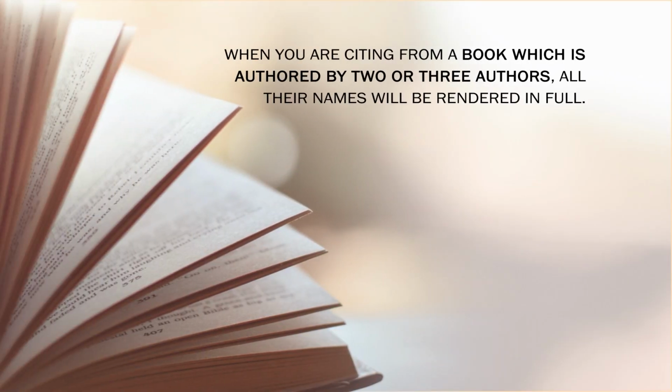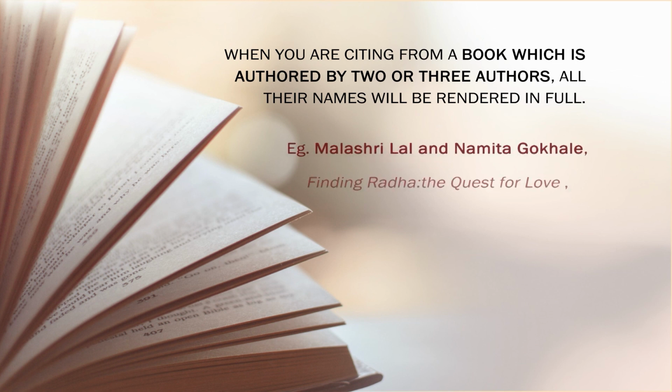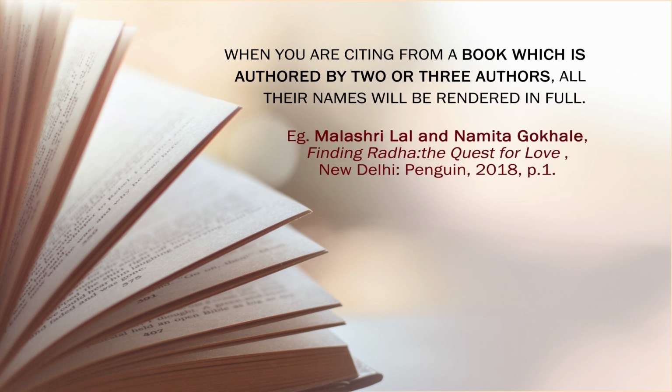If you are citing from a book which is authored by 2 or 3 authors, all their names will be rendered in full. Mala Srilal and Namita Gokhale, followed by the rest of the information.